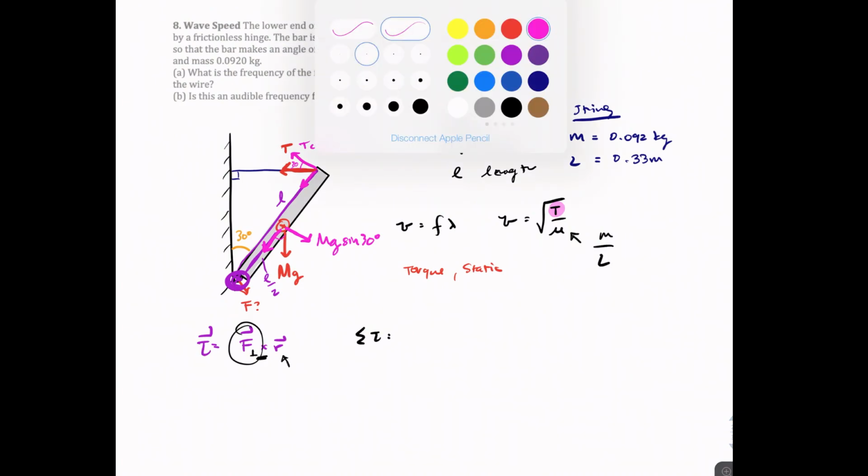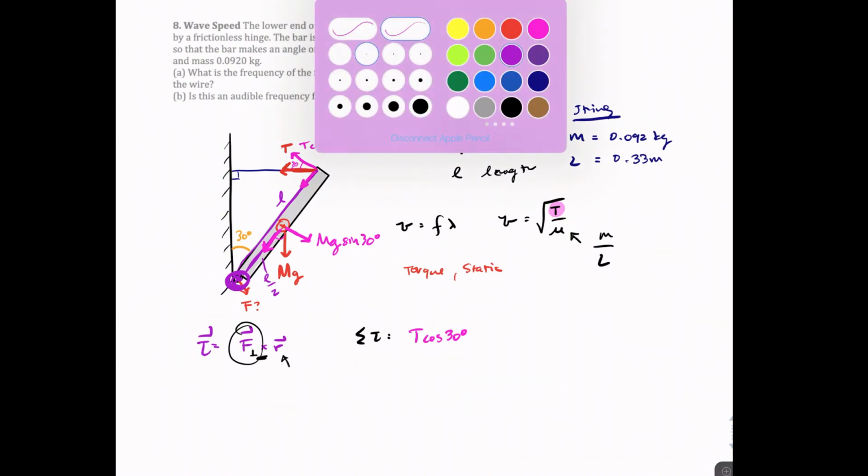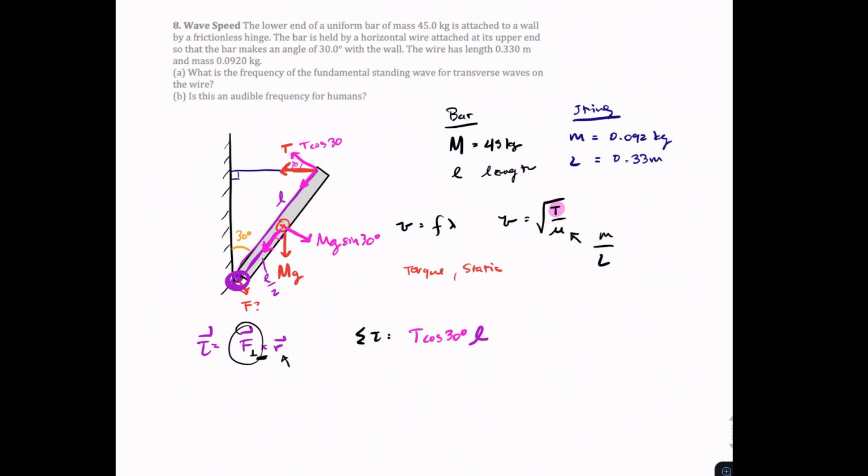So when we actually write our F cross r, we're going to start with T cosine 30. This should be positive, because remember that would rotate it in the counterclockwise direction, which is positive for rotating things. And then the r is L. So here's our force perpendicular, here's our distance from our pivot.